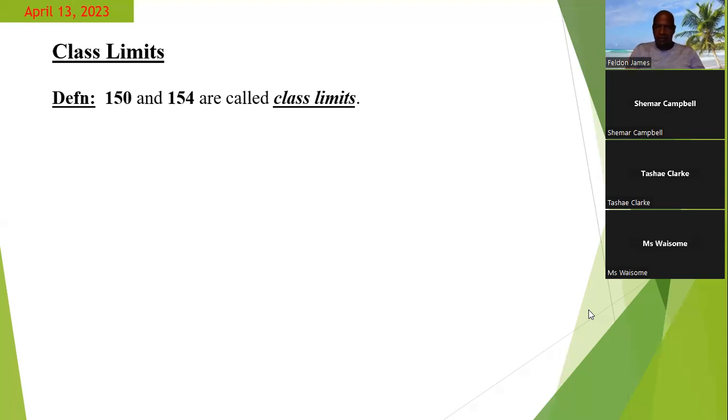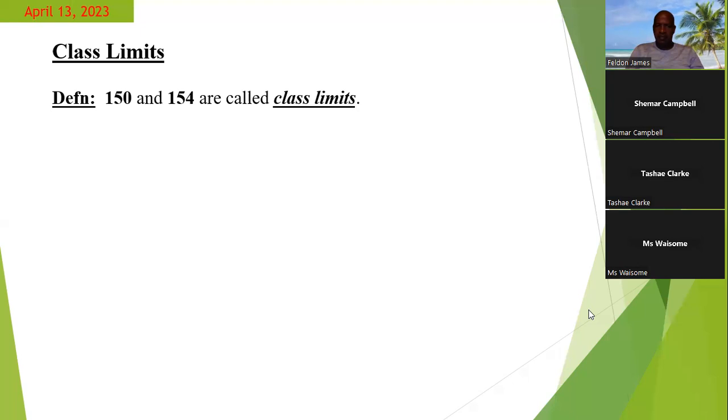Good evening, sir. From last class, sir, we looked at class boundaries and class limits. For the limits of a class, you have the lower limit and the upper limit, two class limits.